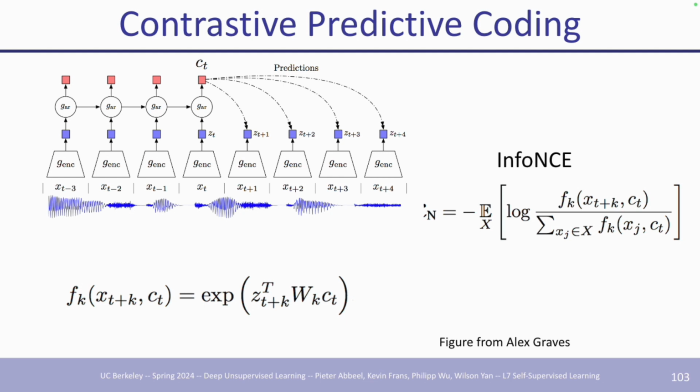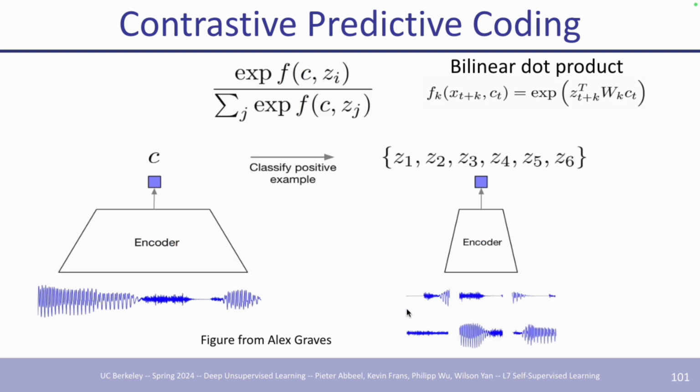And so what you're effectively doing in this case is, if you go back to here, you're taking your context C and you're trying to classify it against a bunch of different potential examples. And so it has to learn features that are predictive of future parts of the audio and help it differentiate from other parts of non-relevant audio.